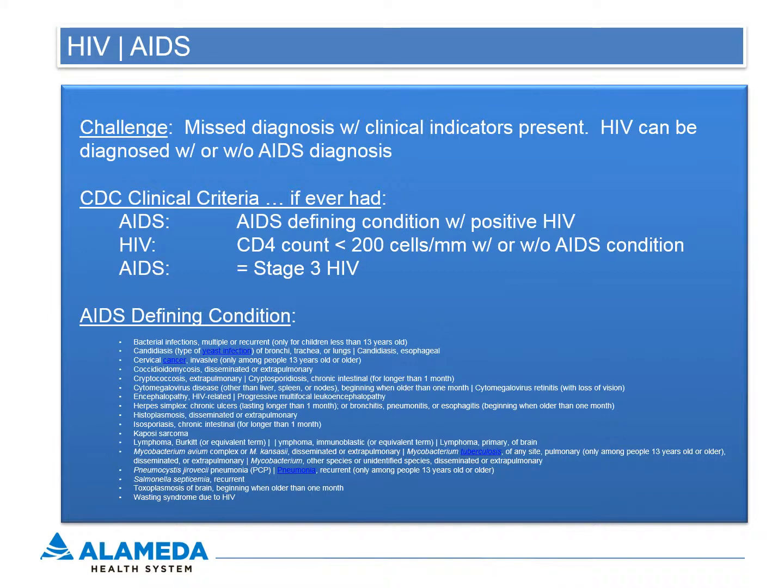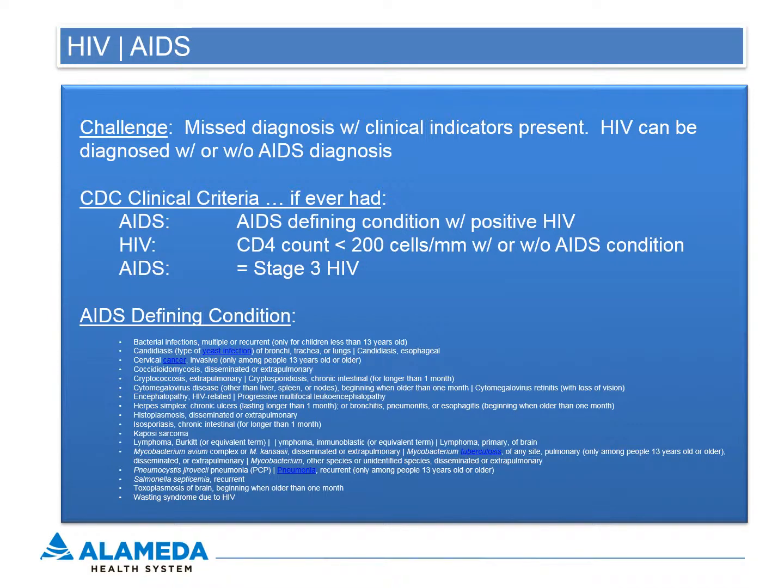The clinical criteria and evidence prepared by the CDC is if the patient has ever had AIDS, they would have an AIDS defining condition in addition to a positive HIV. That's the clinical criteria and definition of AIDS. An AIDS defining condition, and those are all listed below. We'll go through a few of those in a moment, with a positive HIV.